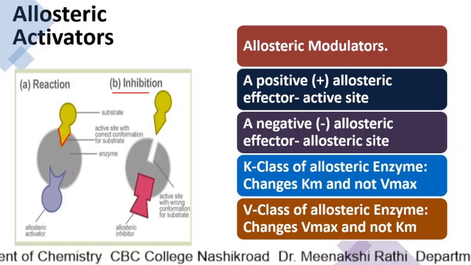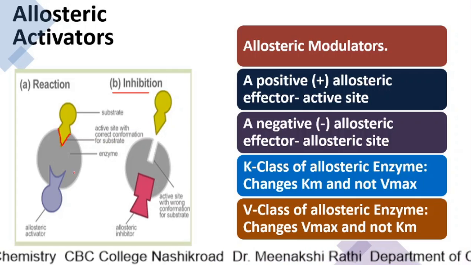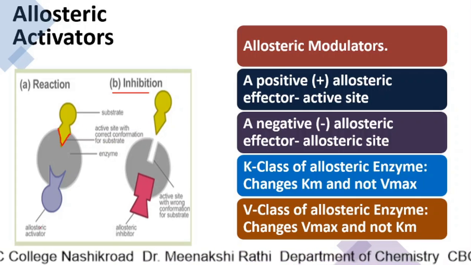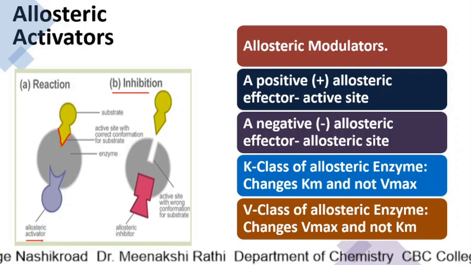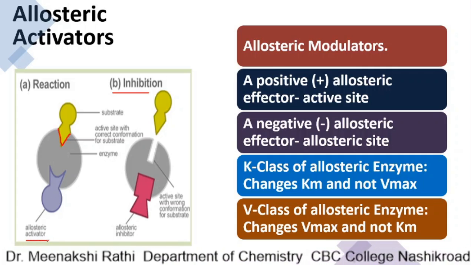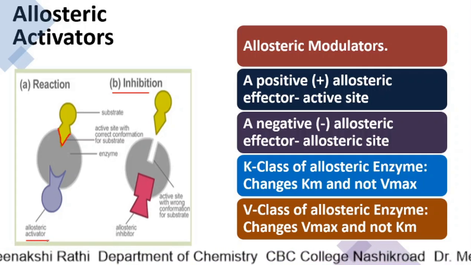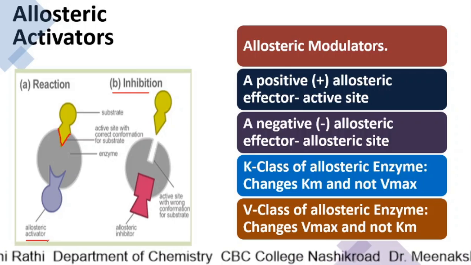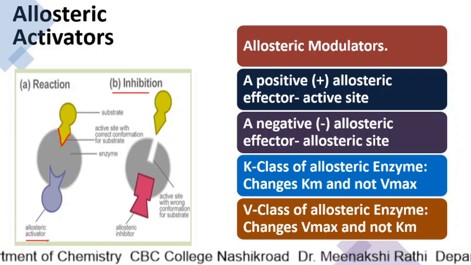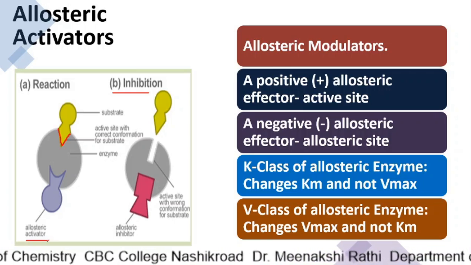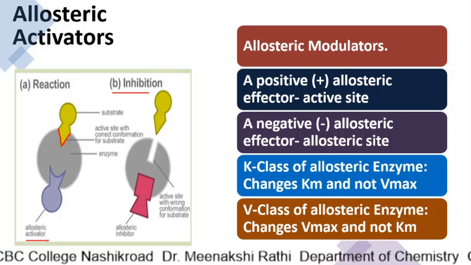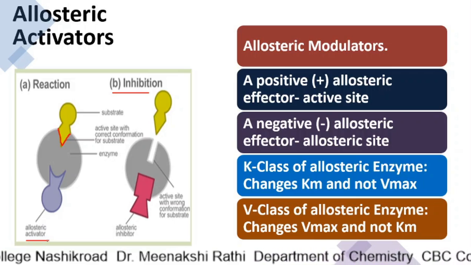The active site has the very correct conformation, and such compounds which regulate the enzyme activity are called allosteric activators. So we can say that an allosteric inhibitor inhibits the process, and an allosteric activator activates the enzyme activity by attaching to the other site.